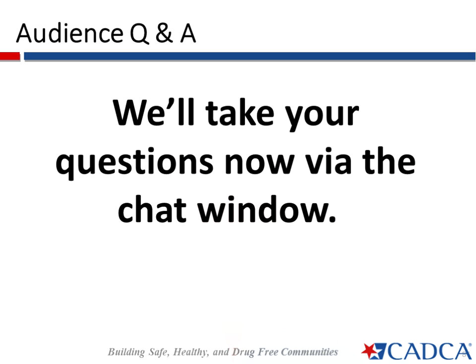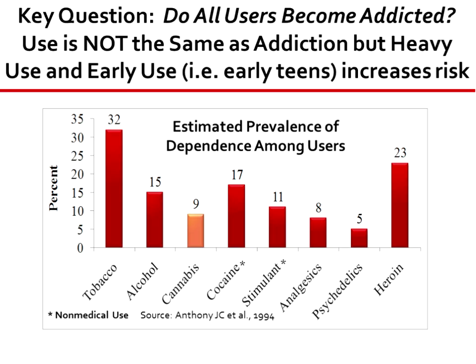Thank you, Maureen. And if I may stay with you for just a moment, on your slide 28, I'll go to it really quickly for all of the viewers to be able to see which slide we're talking about. So do all users become addicted?